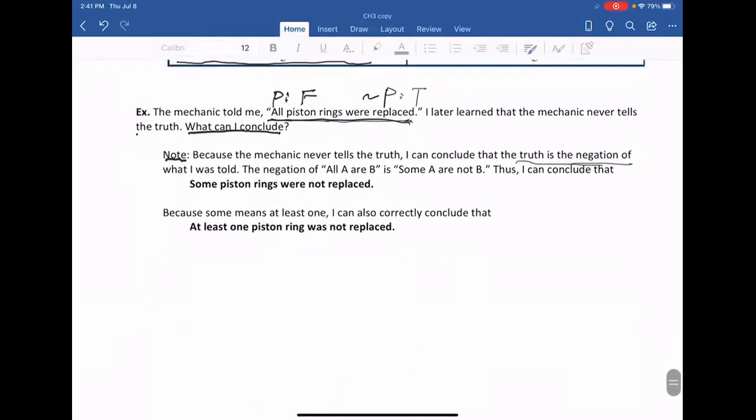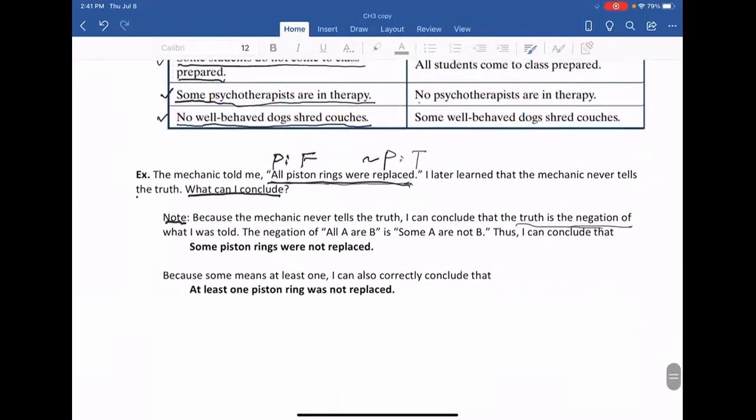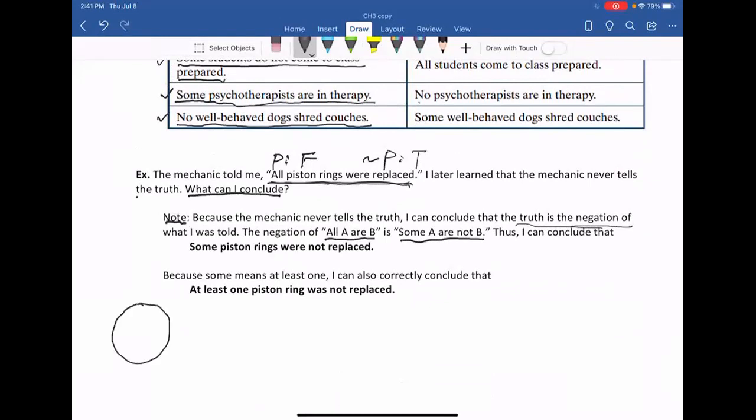So let's see what the negation of the statement is. The negation of "all A are B" is "some A are not B". Do you still remember I drew the diagram?